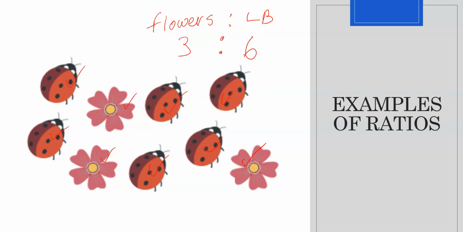Now we could simplify that, and we go into simplifying later on, but we could simplify that to 1 to 2, because for every 1 flower there's 2 ladybugs. So you can simplify your ratios if you wish.